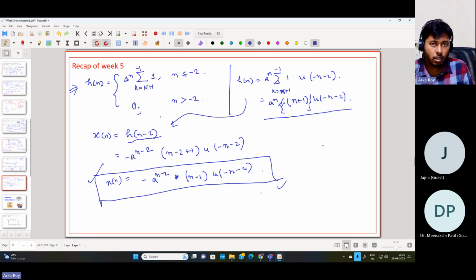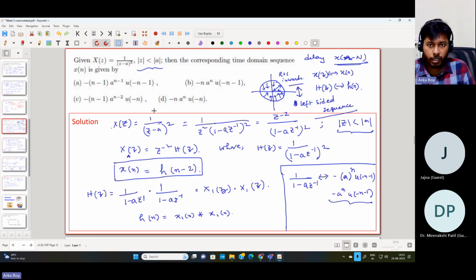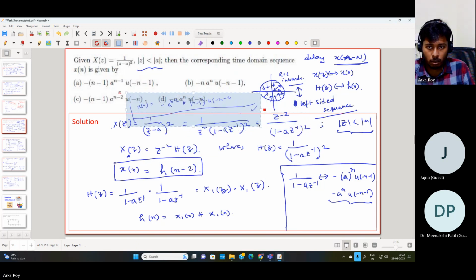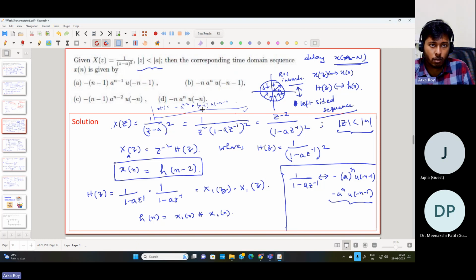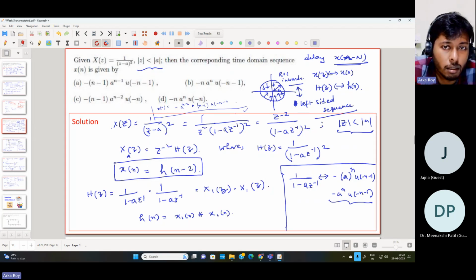Let's see what answer is provided by NPTEL. So this is what our answer looks like. Let's just compare. So minus of n plus 1, minus of n minus 1, a to the power n minus 2, and there is minus n only.